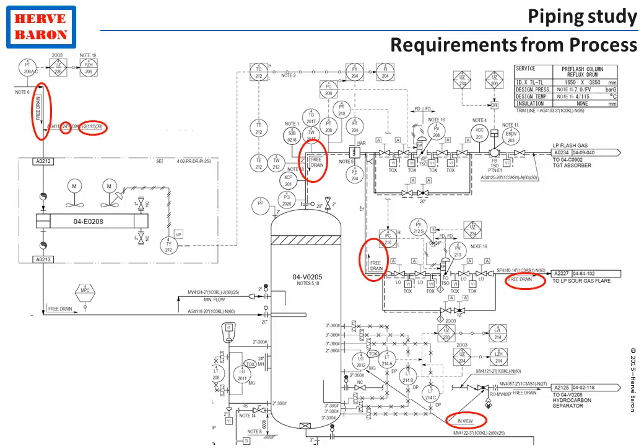Pressure safety relief valves or depressurization valves, for instance, are located at a high point above the equipment they protect and above the flare header to which they discharge. All these indications are shown by process on the P&IDs.